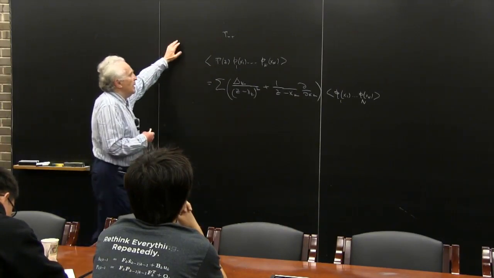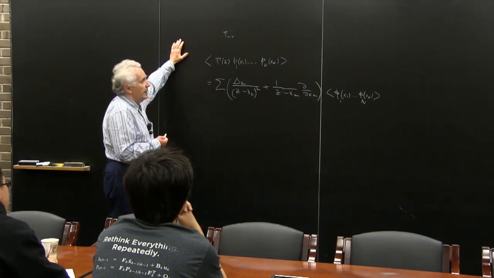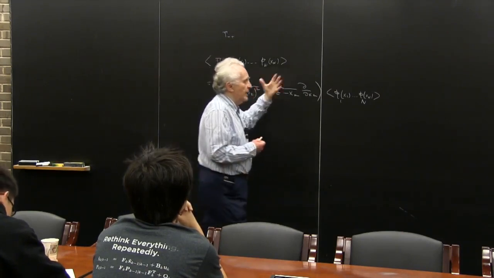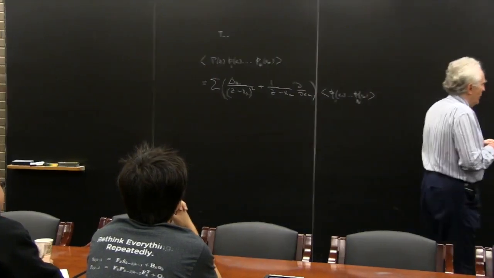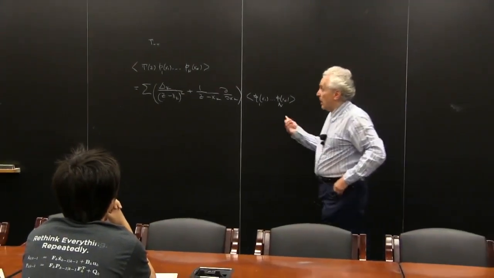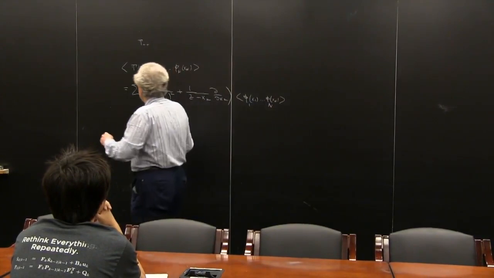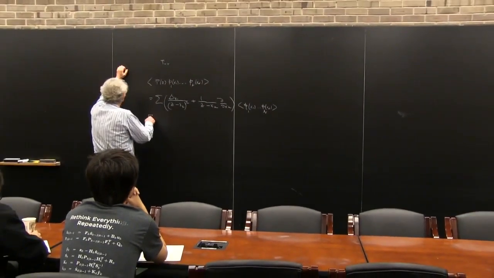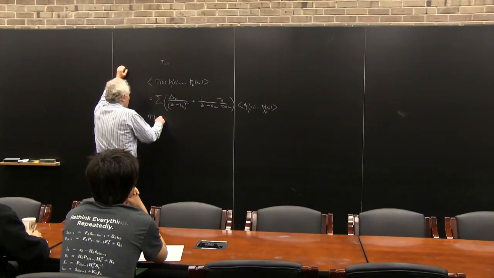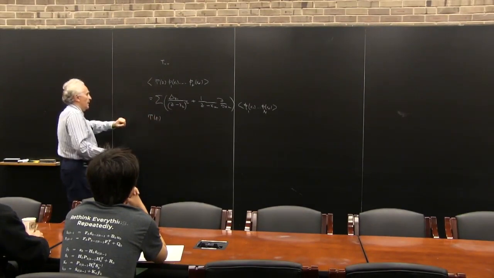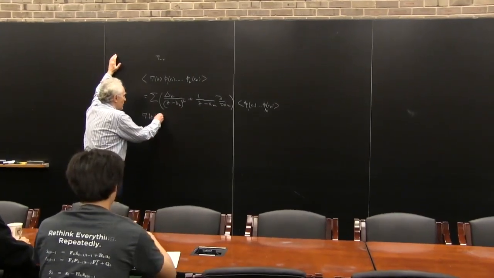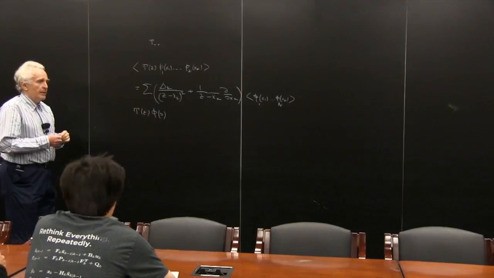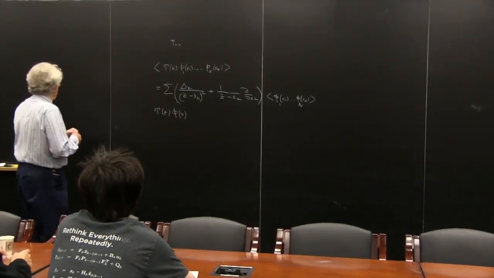And using this identity, we actually realize that there are many secondary or descendant operators which must be present. Namely, we looked at the fusion of this energy momentum tensor with some operator at z as z goes to 0.